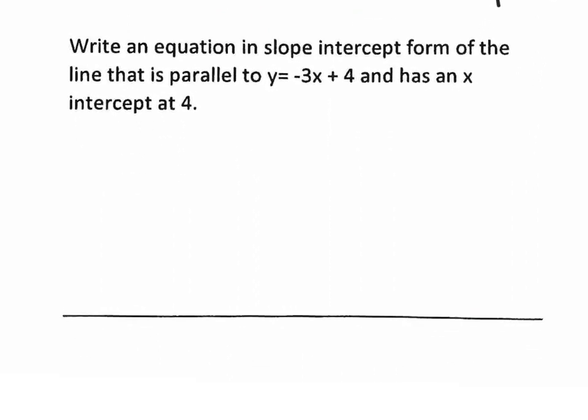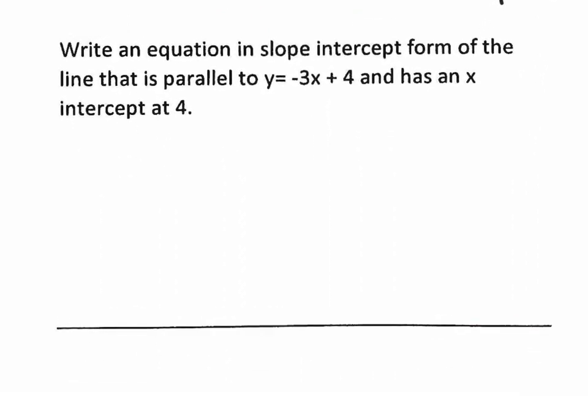Let's go to the last one here. Write an equation in slope-intercept form of the line that is parallel to that guy and has an x-intercept at 4. So what do they give us? They indirectly give us a point, and they indirectly also give us our slope.